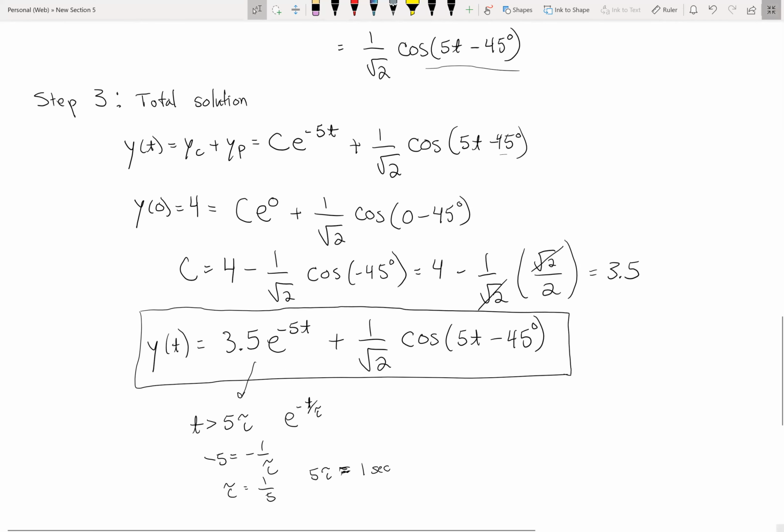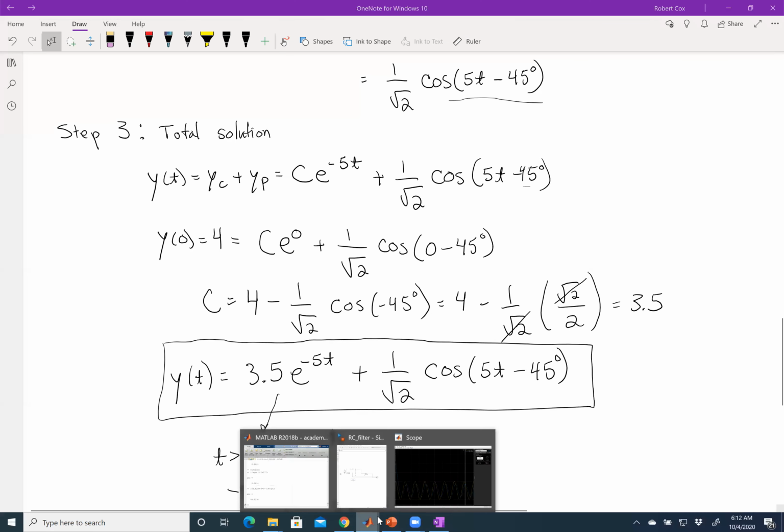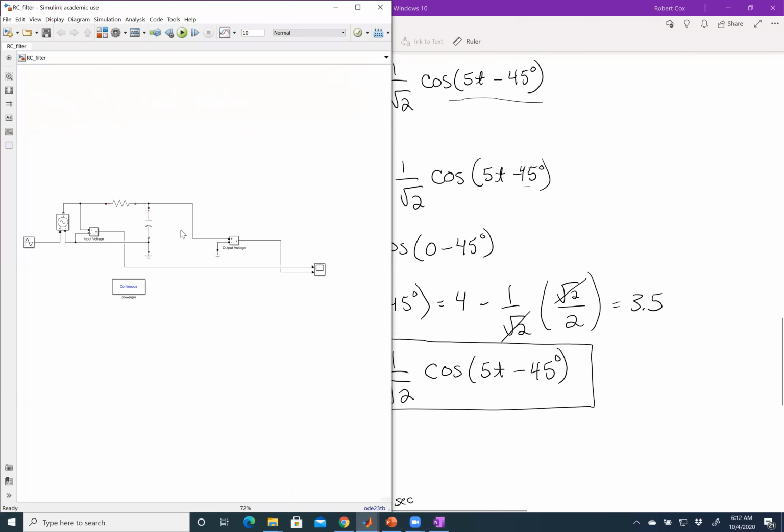Here's the circuit simulator I'm using. I set up a sinusoidal source here. I have a resistor and a capacitor. The size of these components is such that it matches the circuit that we defined. In this tool, this thing right here is a voltage measurement that measures the voltage between these two points.